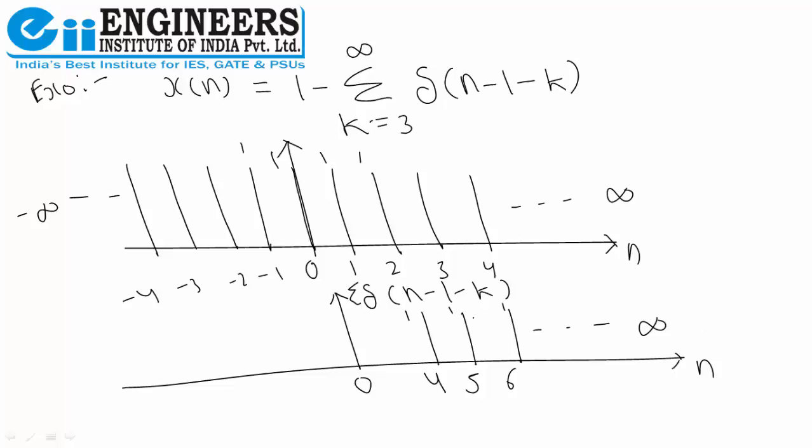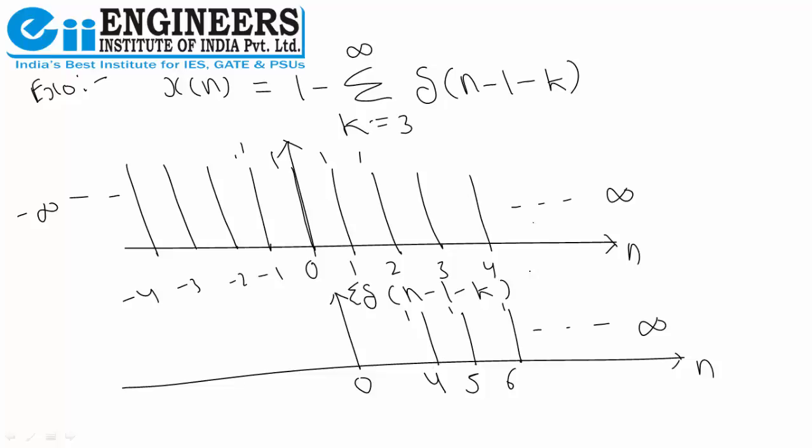If you break the limit, from minus infinity to 3 in the first figure there is 1, but in the second figure from minus infinity to 3 there is 0. So 1 minus 0, the answer will be 1. But from 4 to infinity in both figures there is a 1, so 1 minus 1, the answer will be 0.